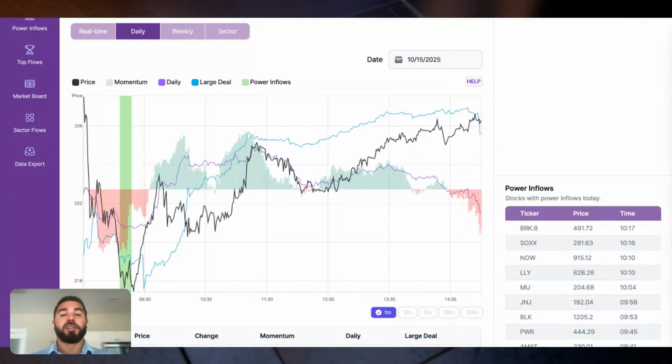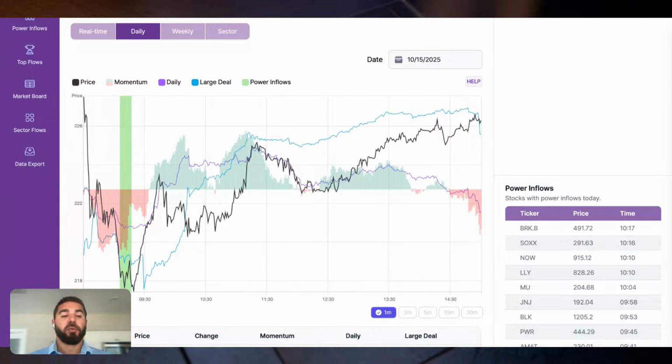So essentially, when this signal comes in, we're projecting a very high likelihood that the stock price will rise throughout the rest of the day from the moment that power inflow signal comes in. So it's a bullish trend indicator, essentially, and it's solely based on the order flow data that we track and what our algorithm is picking up. So again, it's a bullish trend indicator.